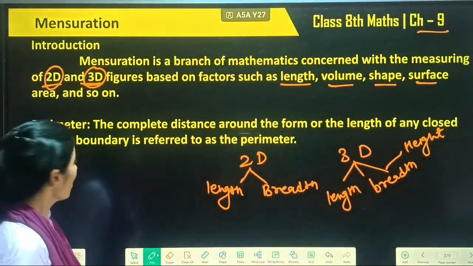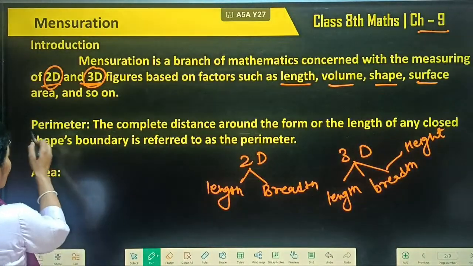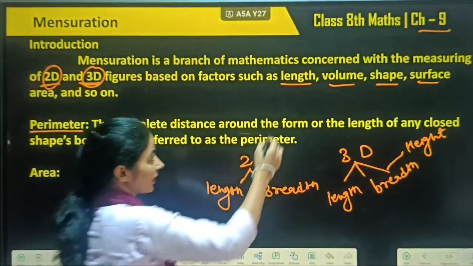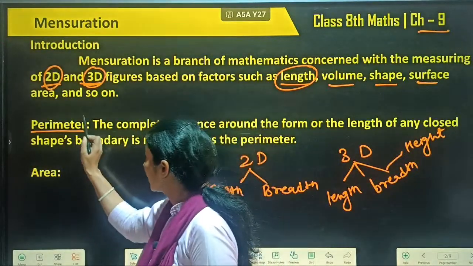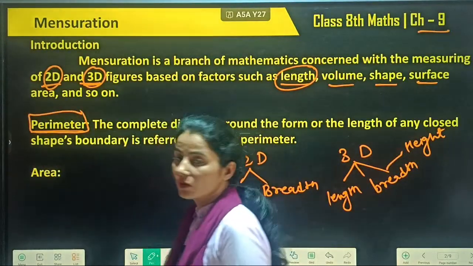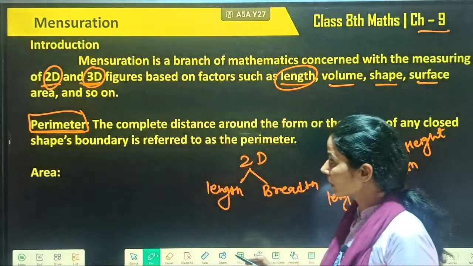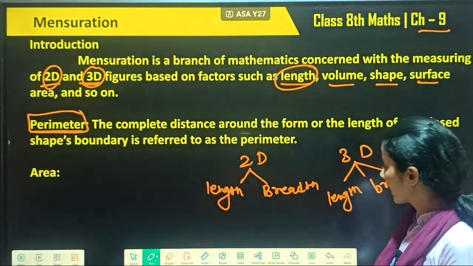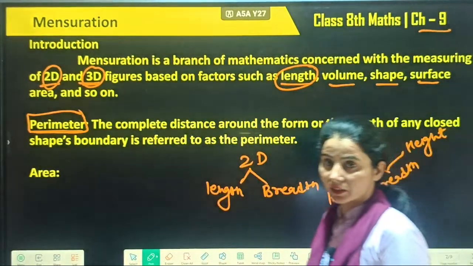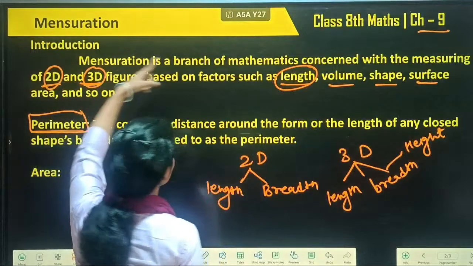Okay, now see what is perimeter. Suppose this digital board is visible to you. Now if I have to find out its perimeter, then I have to move along its boundary.